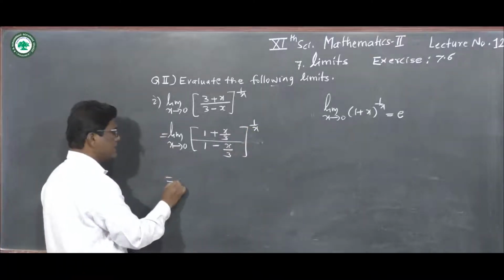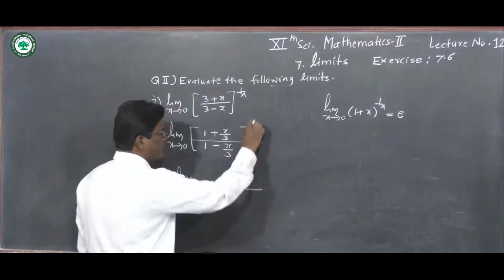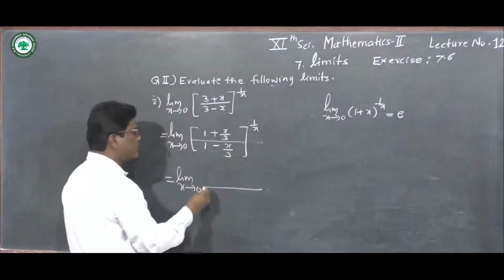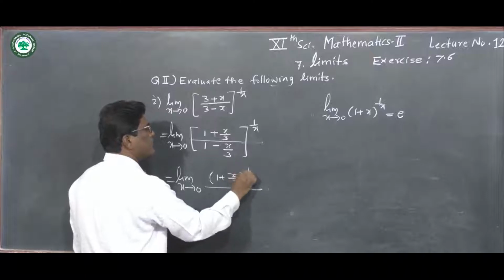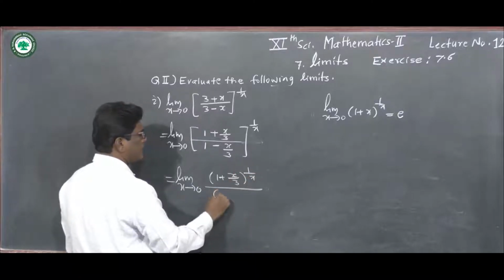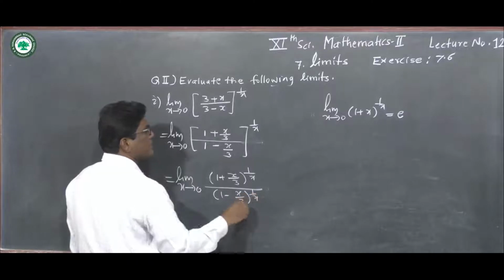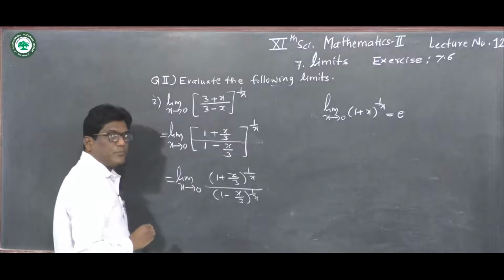So now here it is equal to limit as x tends to 0. Now we separate this power 1 upon x into numerator and denominator. So we write here (1 plus x upon 3) to the power 1 upon x, and here (1 minus x upon 3) to the power 1 upon x. Means we have to use this formula twice, in numerator and denominator.